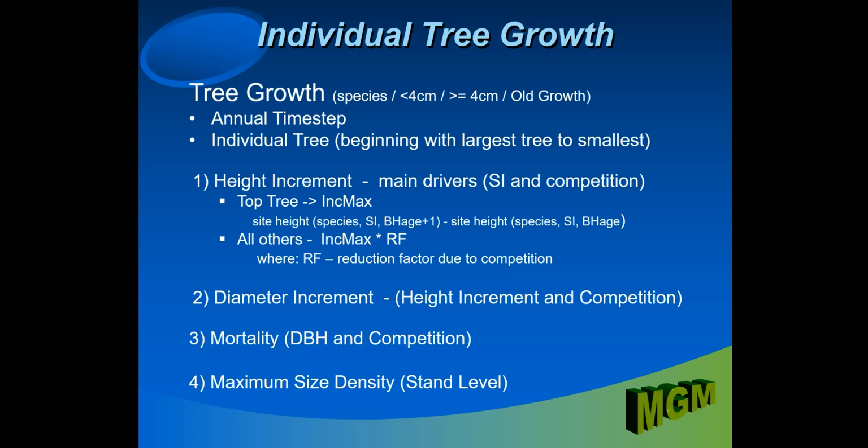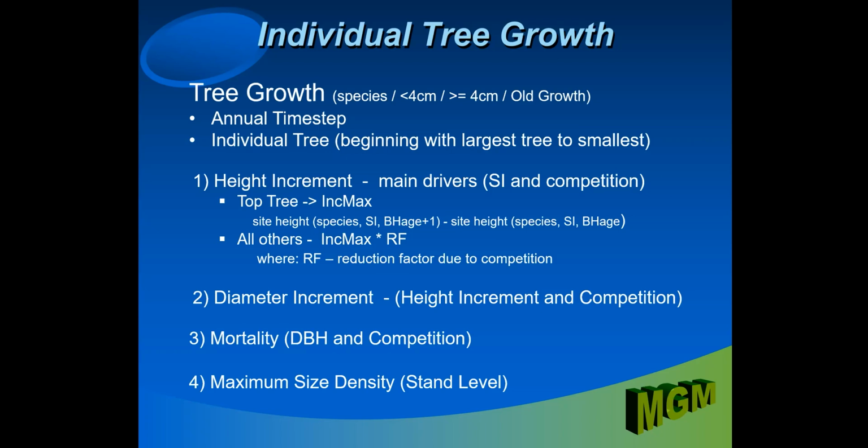In MGM, as you go down the tree list, you get more competition. The growth for height is adjusted by a reduction factor, which is relative to the amount of competition from above. Once the height increment is done, there's a diameter increment, which is based on height increment and competition, again competition coming from above.